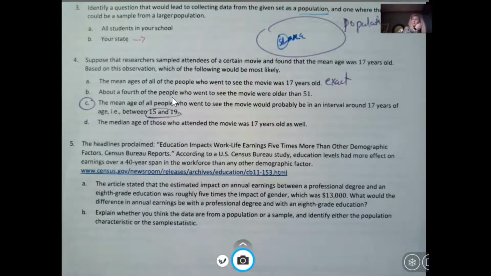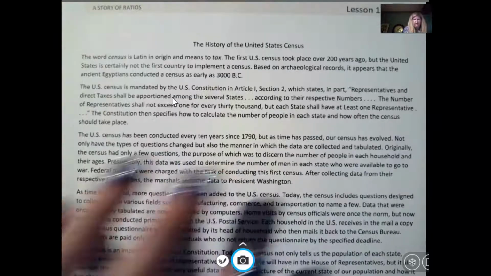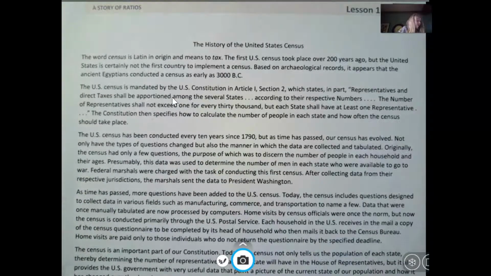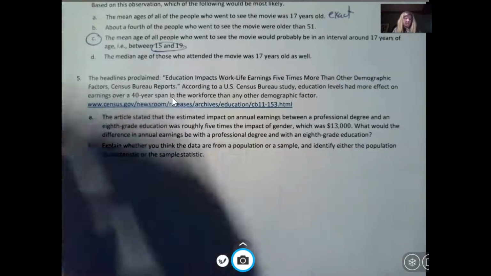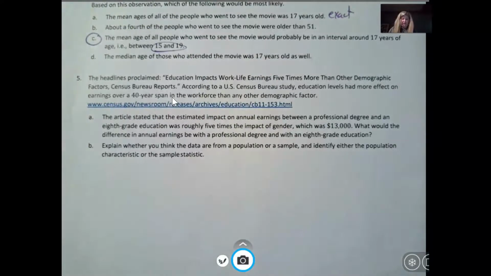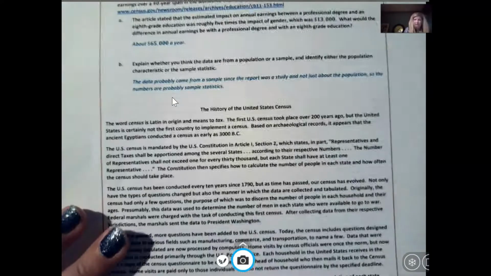Now, this number 5 goes back to that whole history of the United States Census. We didn't do that problem, and if you are interested in that, you can look at that. I'm not going to go over this, but I will provide you the results just in case that interests you.